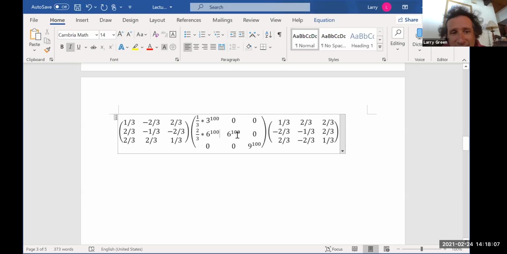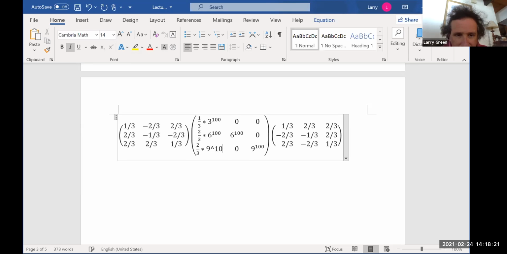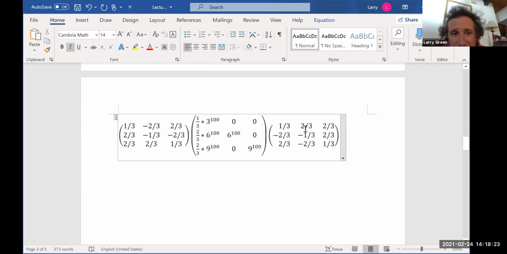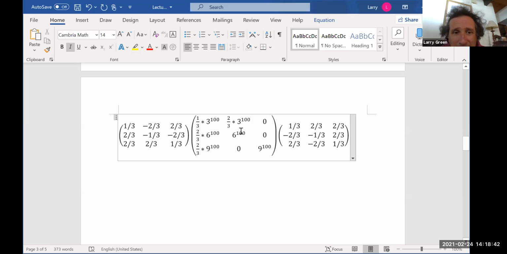6 to the 100th is not a nice number to work out, but if we leave it like that, it's not bad. Then 2/3 times 9 to the 100th. And then the next one will be 2/3 times 3 to the 100th. And the next one will be -1/3 times 6 to the 100th.